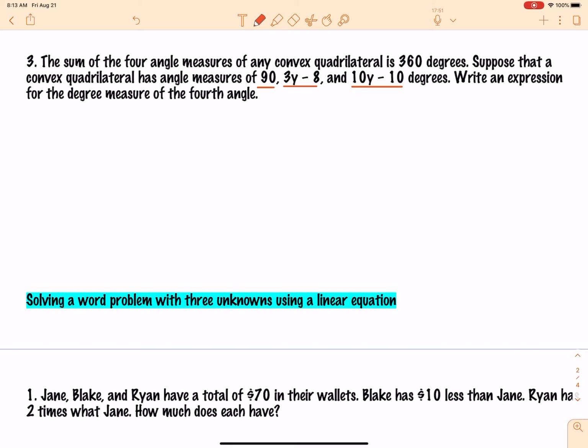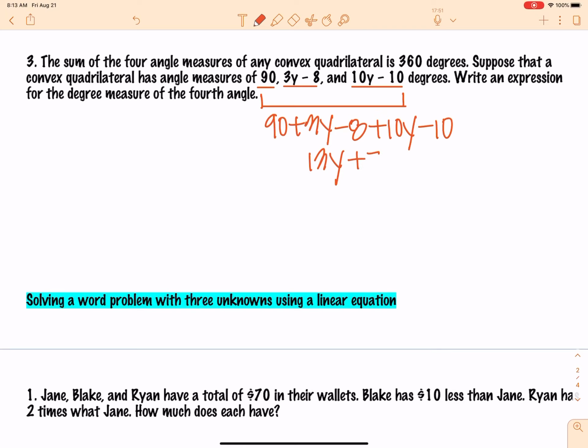All right, so let's start with just adding these 3 angles together, okay, to get an expression. So if I do 90 plus 3y minus 8 plus 10y minus 10, combine like terms together, I should get 13y plus 72. So that's all 3 angles added together. I want to find the 4th angle. Okay, so again, if you don't know what to do, think of an example.